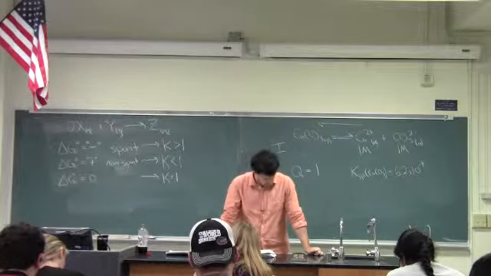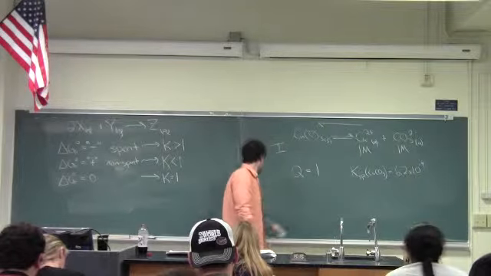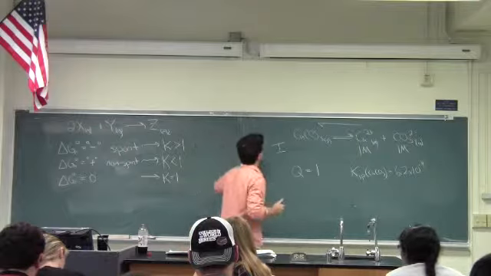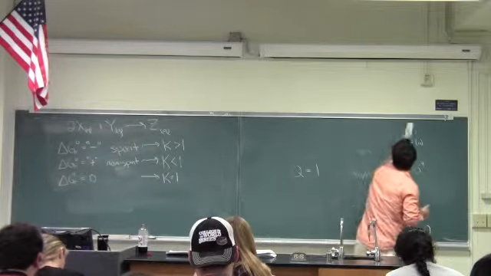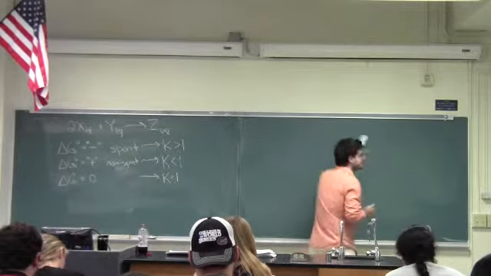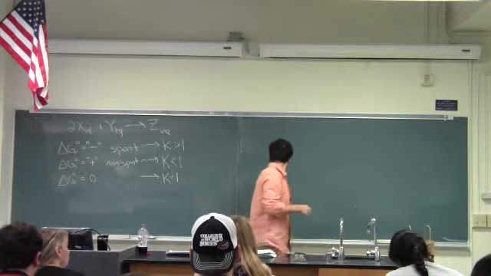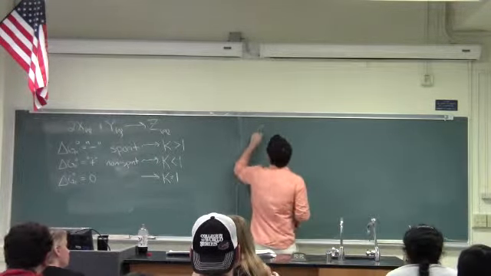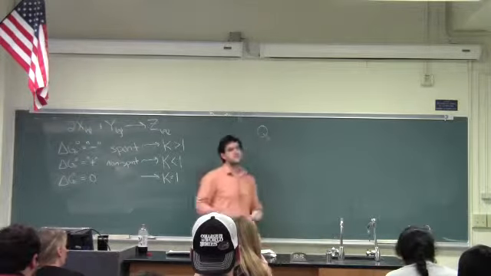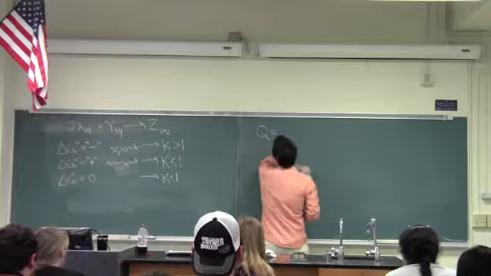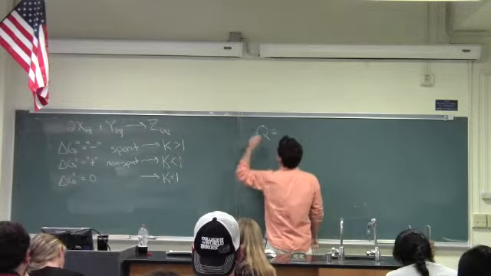Okay, so now here, I wrote down Q. Talk about Q a little bit more. Were you guys exposed to that earlier in the semester, maybe last semester? Okay. So Q is going to take the same form as K, three equal signs, always, for this system.